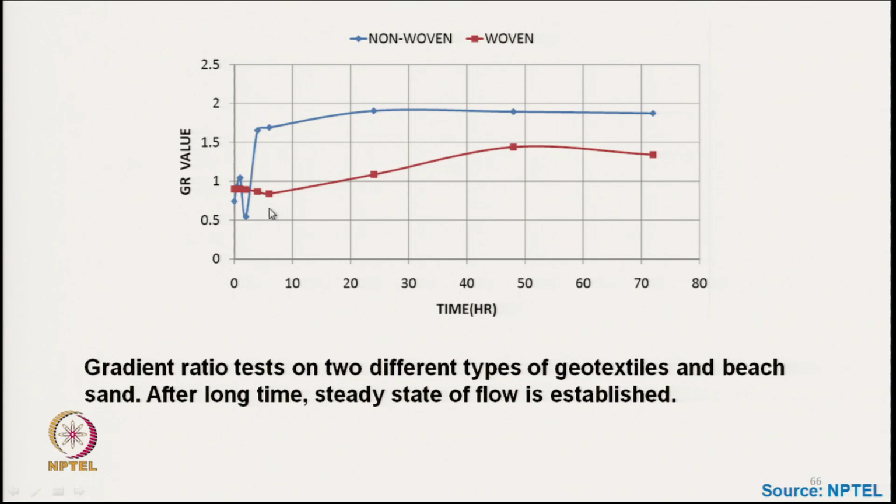This high gradient ratio is due to clogging inside the structure, but after certain time it gets stabilized. So, it is around 2 gradient ratio which is acceptable, but on the other hand woven, although the gradient ratio is low, is not used for drainage or permeability purpose, because cross plane permeability is not there. So, for drainage application or filtration application it is not normally used.